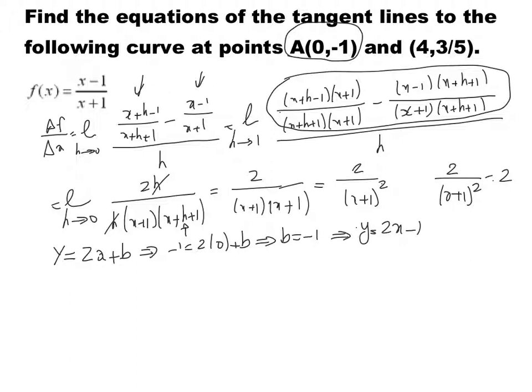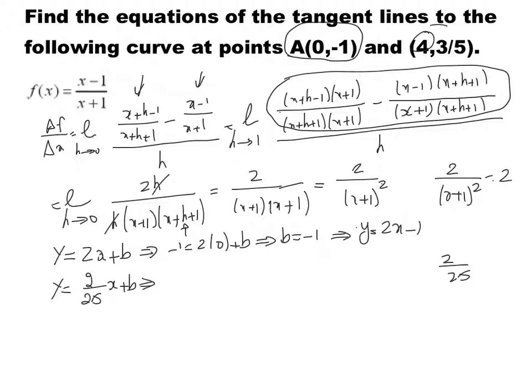I'm going to say that the slope here is going to be 2 over (x plus 1) squared. x is 4, so 4 plus 1 is 5, squared is 25. So my line becomes y equals 2 over 25 x plus b.